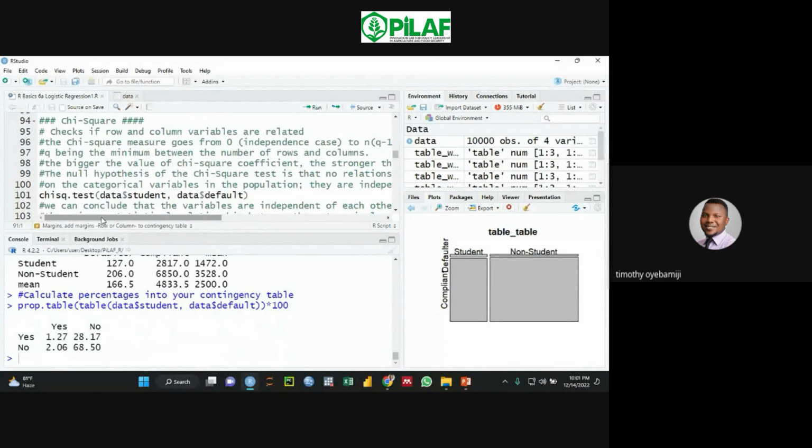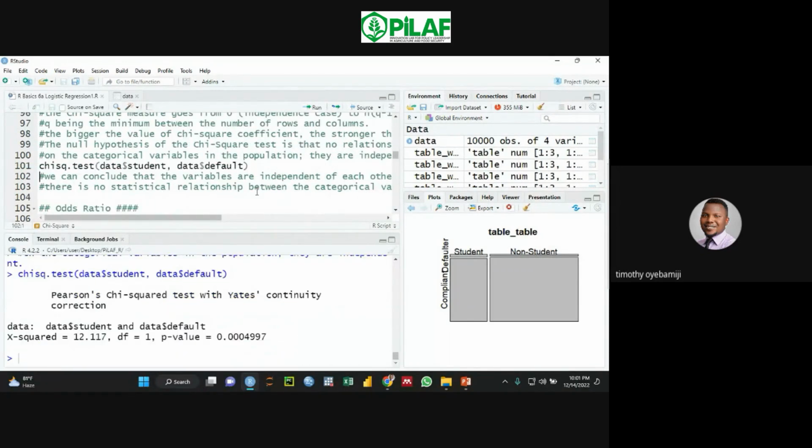All right. Now, for the 2x2 table that we just did, remember what we assigned into the table is students and defaults from the data. So to run chi-square, we don't need anything much. This chisq.test is a function from base R. Function is what I want you to remember.